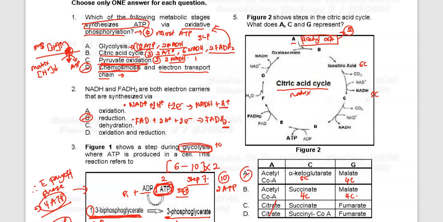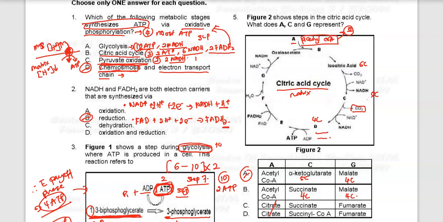So C would be alpha ketoglutarate. If you look at the reaction, alpha ketoglutarate, a 5 carbon compound, will release carbon dioxide that will produce intermediate D. Intermediate D would be a 4 carbon compound, which we call succinyl-CoA.